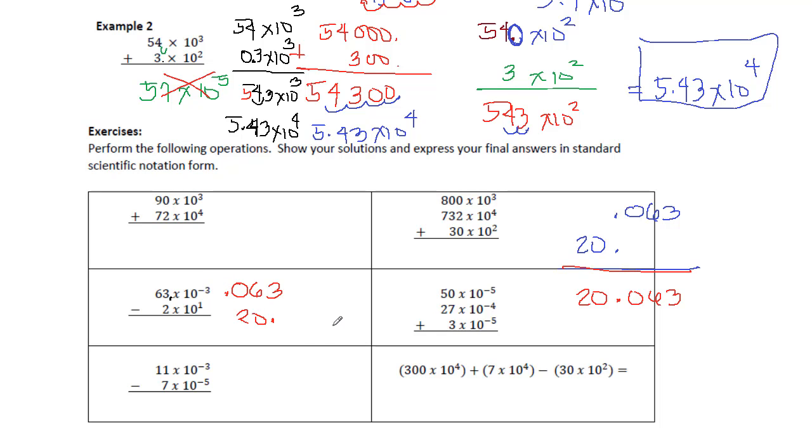And if you want to express this in standard scientific notation, I just need to move this one step towards the left, so it will become 2.0063 times 10 to the 1. Okay? So there are many ways of doing this. The other possible way is that you convert this to exponent 1.